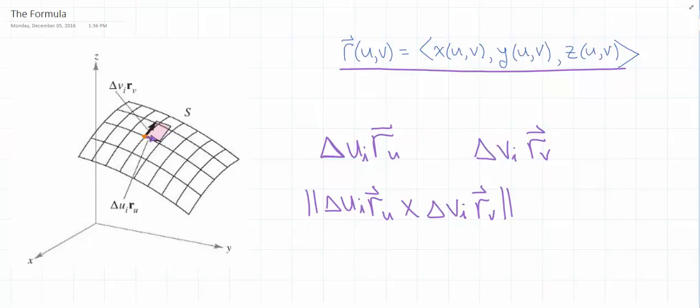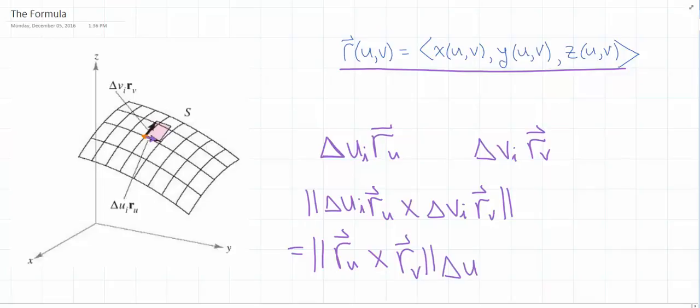And that's going to give me the surface area. Okay, and of course, we can easily write it this way. I can take out the delta u and the delta v. This is a property of cross products. And we've got delta u sub i, delta v sub i.